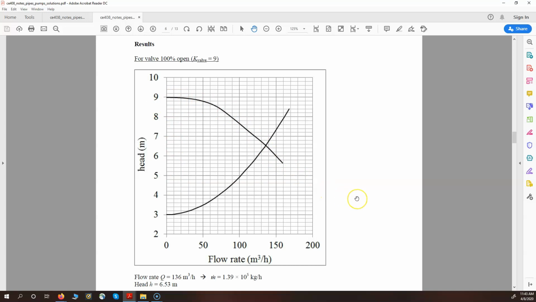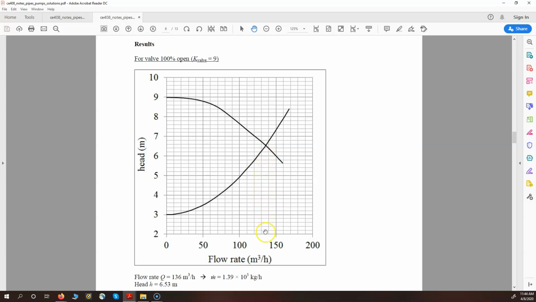Notice that I actually made this with an Excel spreadsheet, so I read points from the graph on the pump characteristic and put them in my Excel spreadsheet. So this is the pump characteristic that I read from the graph. And this is the point of intersection. So at this particular valve position with the pipe that I have and the pump that I have, this is where the system will be.